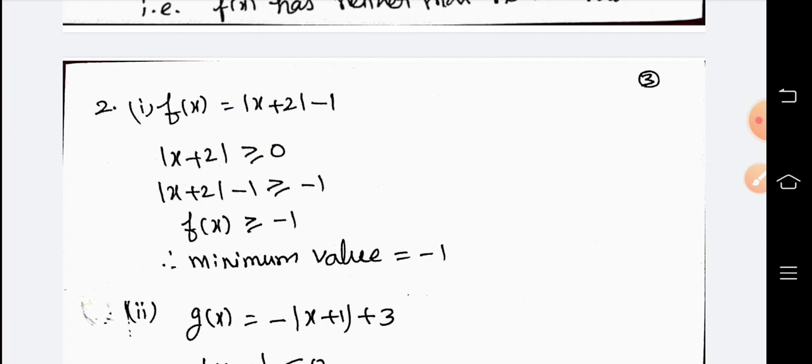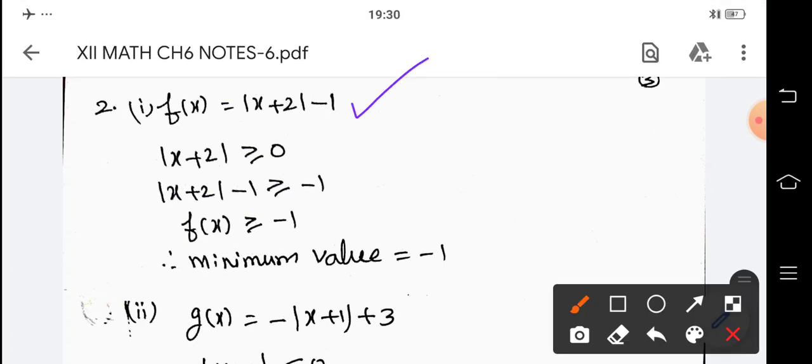So the very first question, f of x is equal to modulus of x plus 2 minus 1. Modulus of x plus 2 is always greater than or equal to 0, since the modulus function is always non-negative. Non-negative means it is not negative, it is either 0 or positive. That is why modulus of x plus 2 is always greater than or equal to 0.